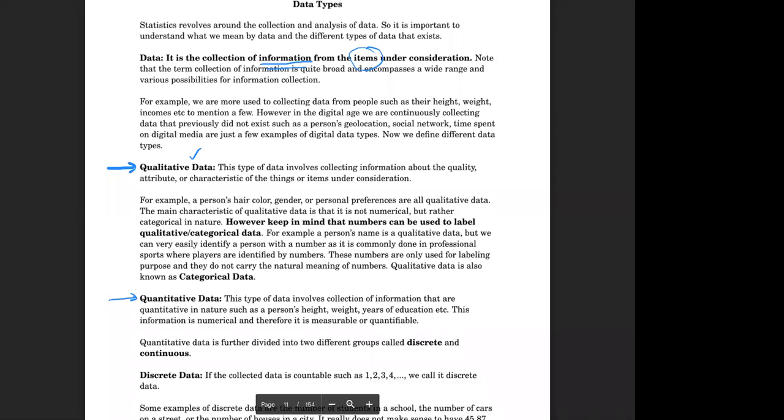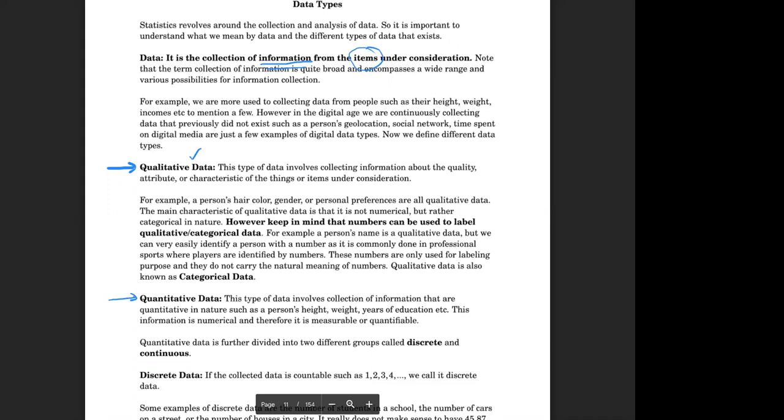Normally qualitative data has some sort of quality associated with it. So for instance, I could say immigrants versus non-immigrants. That's a quality. Christians versus non-Christians. Then it could be people in different economic groups, like wealthy, average, poor. It could be based on religious faith: Christians, Muslims, Hindus, Jews, Buddhists. These are attributes, qualities.